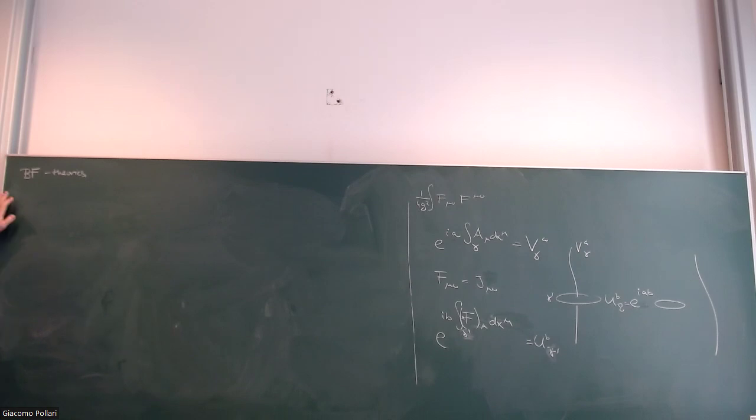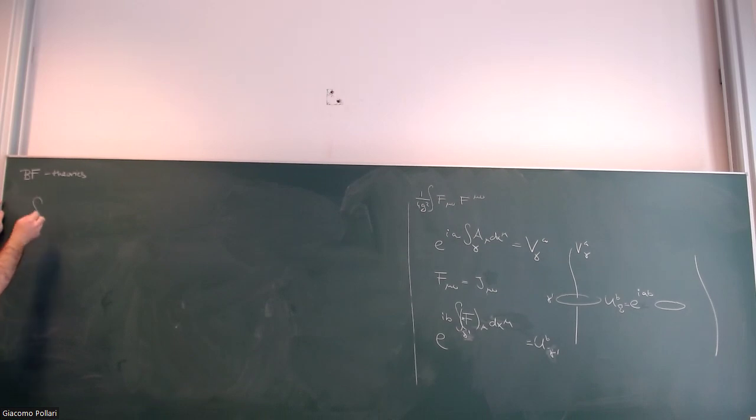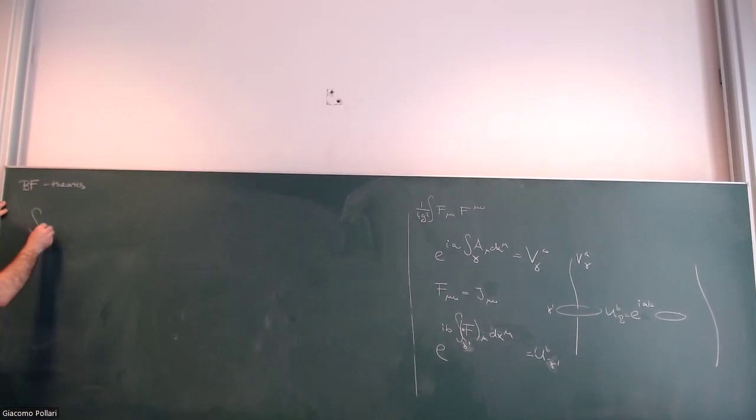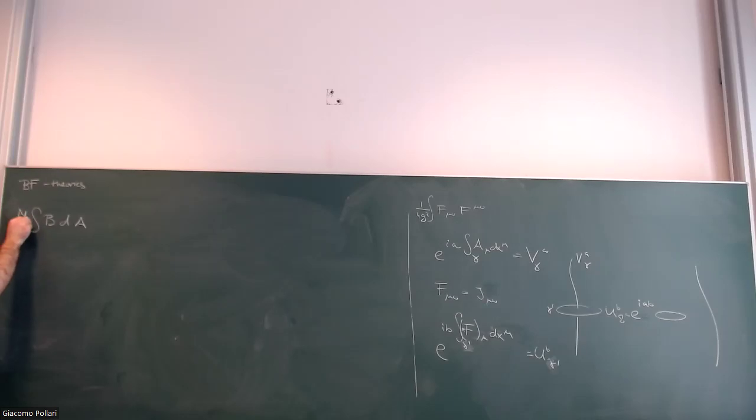So what are these theories? They're sort of a non-chiral version of transitions. They are free. There are first order free theories of this kind.